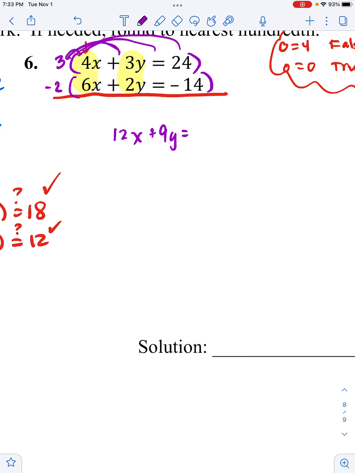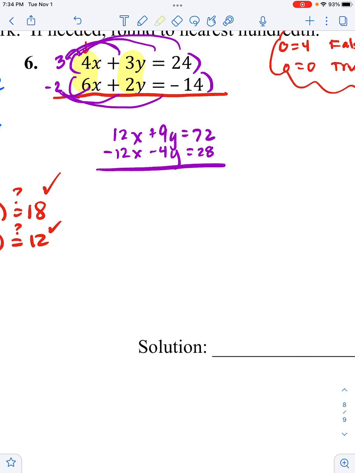And then 3 times 24 is going to give me a 72. Bottom becomes -12x, -4y, and positive 28.